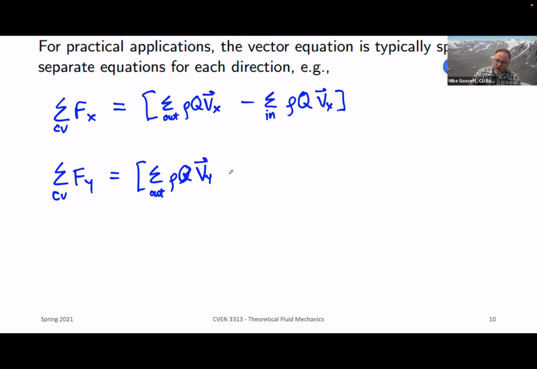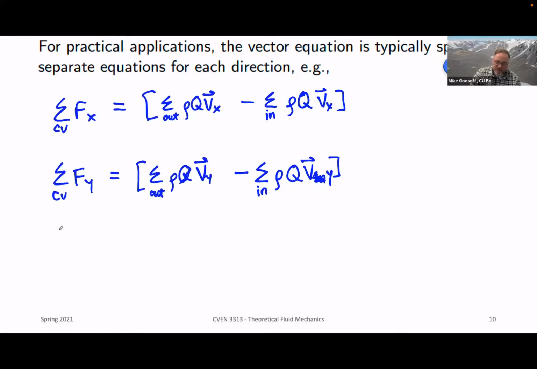Not sure why Wacom can't keep up with me here, but I'll try to write slower. Then we subtract again the inflows of rho q vy. Sorry, that should be a velocity vector in the y direction.